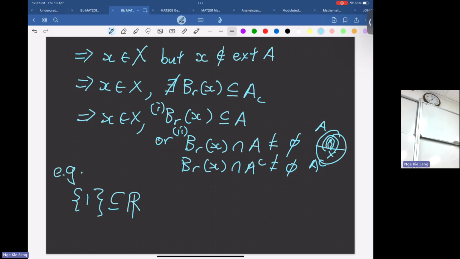Okay, let's talk about this. So you want to ask about what's the boundary of the set? What does boundary mean?